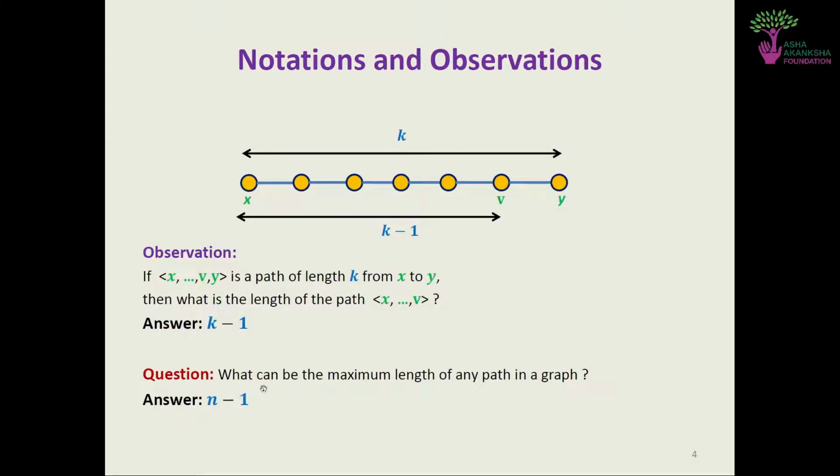Another question: what can be the maximum length of any path in a graph of n vertices? The answer is n minus 1. You can create a path containing all the vertices, and to connect all n vertices you have to take n minus 1 edges. That is the maximum case, so the length would be n minus 1.